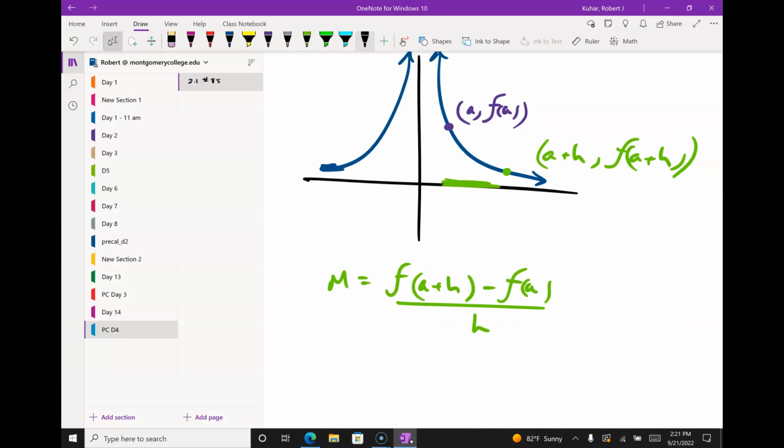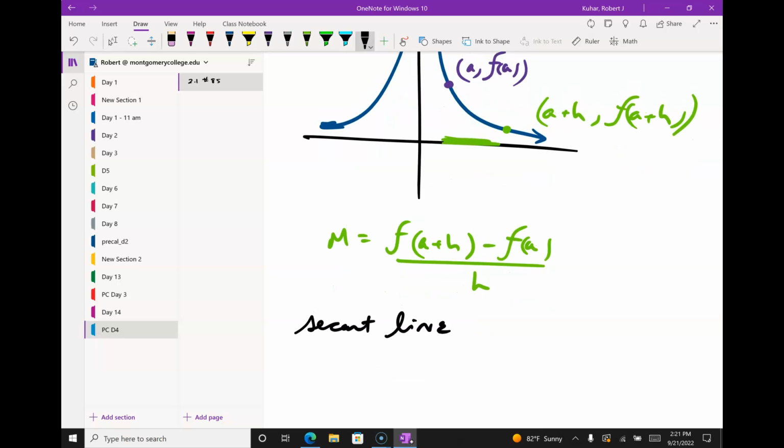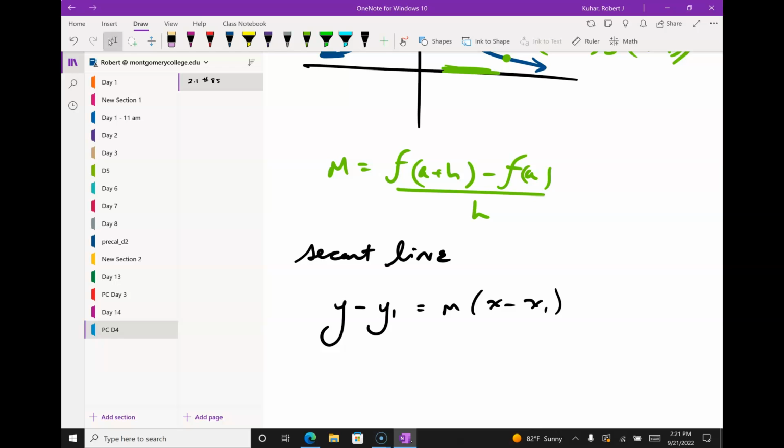What's the equation of my line? Well, we learned y minus y1 equals m times x minus x1. This is the point slope equation of a line. And of course, we already know what x1 and y1 is. It's the first point we picked, right?